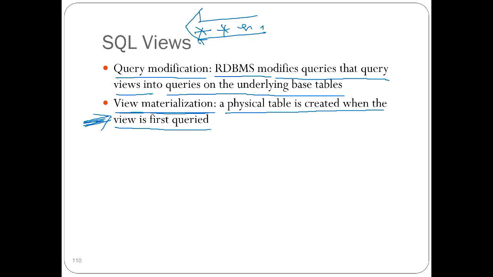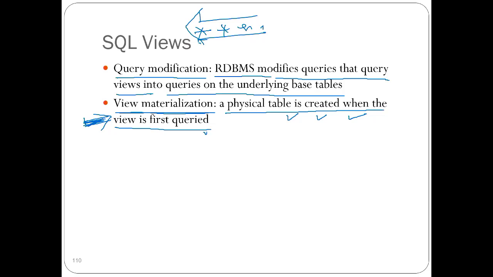In that case, there will be an overhead when you replace a view definition with the corresponding SQL statement. That will be time consuming. So to make it more efficient, the better approach is view materialization, where a physical table is created when the view is first queried.